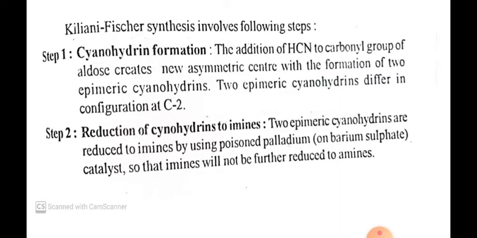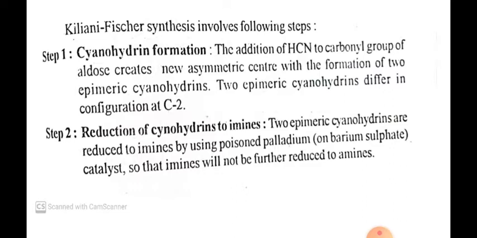In this way, we are creating a new asymmetric center from the starting aldose, and we get two epimers. What are these epimers? Epimers are compounds which have a difference in configuration at C2. Like glucose and mannose, they are epimers having difference in configuration on C2.